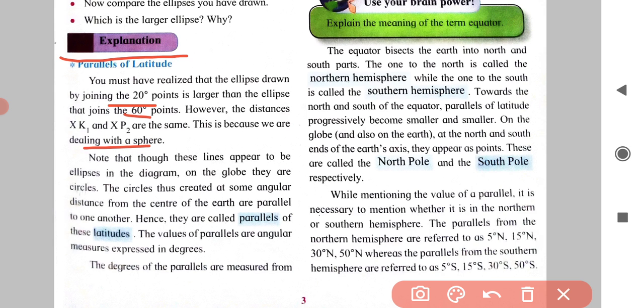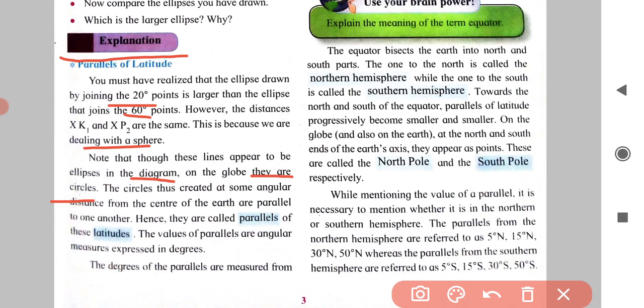Note that though these lines appear to be ellipses in the diagram, on the globe they are circles. When we have these ellipse diagrams on the globe, these are all circles. The circles thus created at some angular distance from the centre of the earth are parallel.